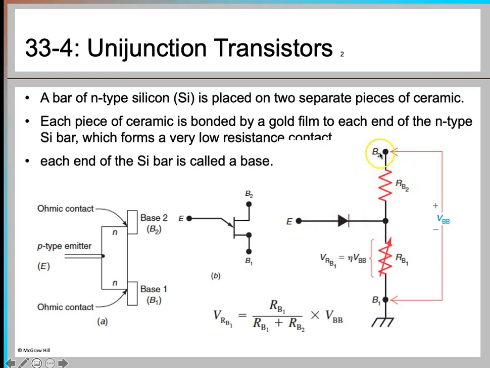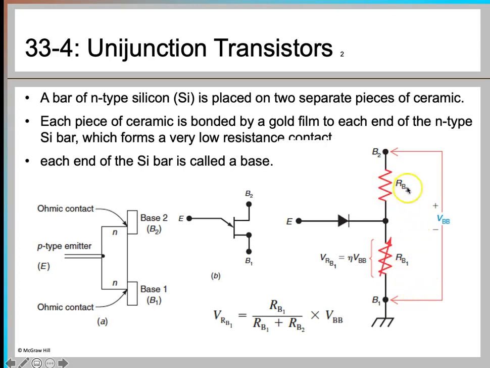And then you have the B2 and B1 terminals, and each has some resistance, and these are called your interbase resistance. So the total interbase resistance, RBB, will be equal to the sum of these two resistances, RBB equals RB1 plus RB2.